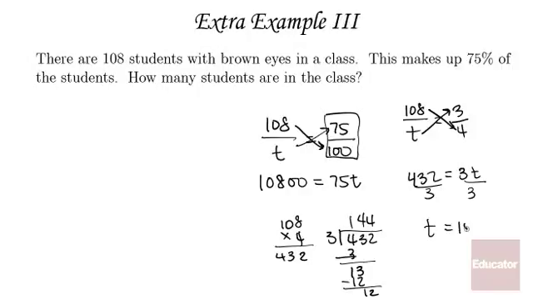So t equals 144. Let's see if our answer makes sense. There are a total of 144 students in the class, and 108 of them have brown eyes. This is 75%. So most of the students in the class have brown eyes, and it's true that 108 is most of 144. So it seems that our answer is reasonable.